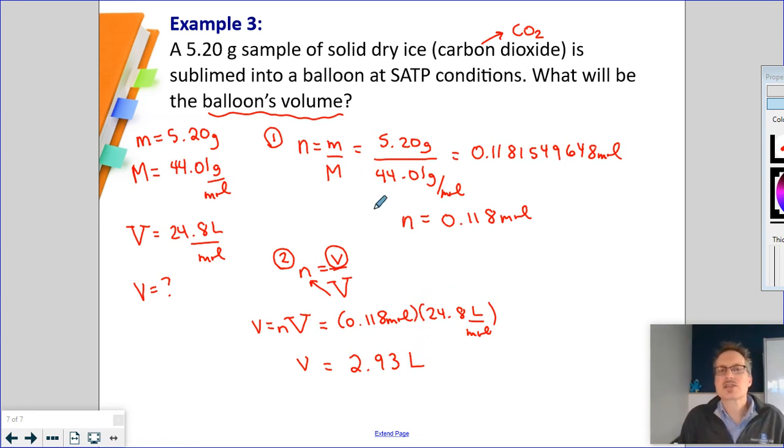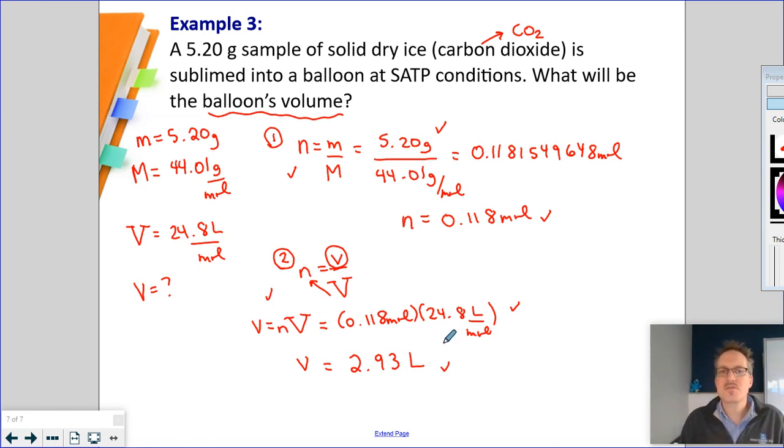When we go to get marks on this, 1 mark for the formula, 1 mark for substitution with units, 1 mark for answer in sig digs with units. This question would be out of a total of 6.